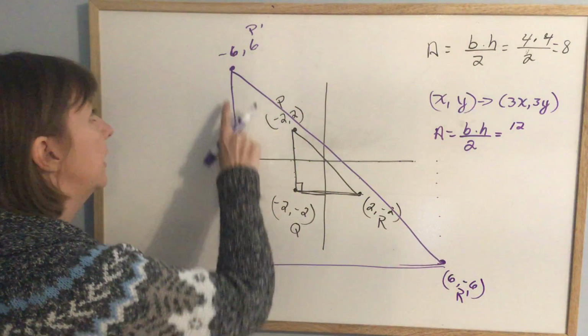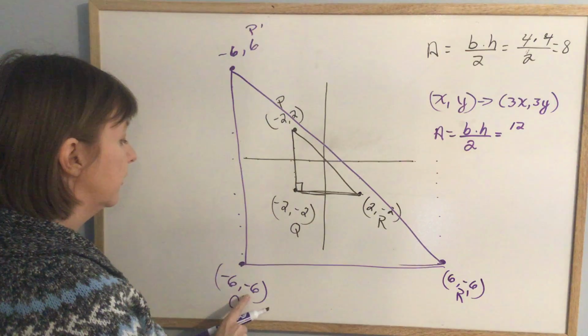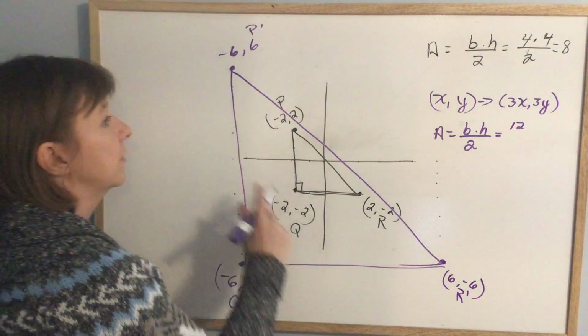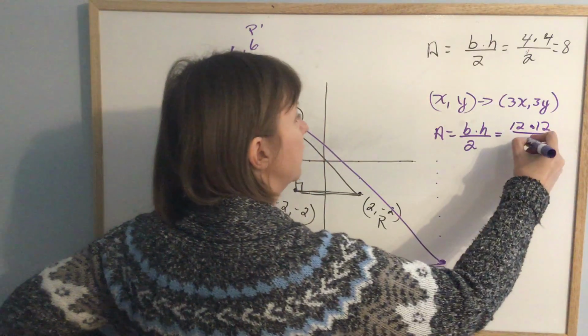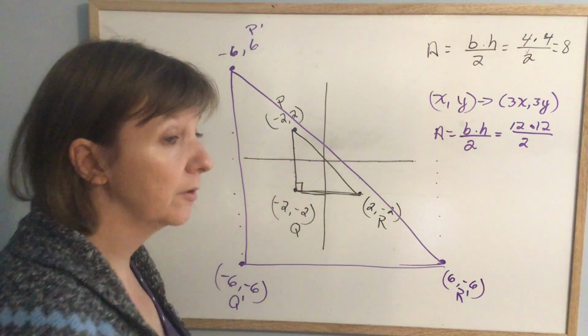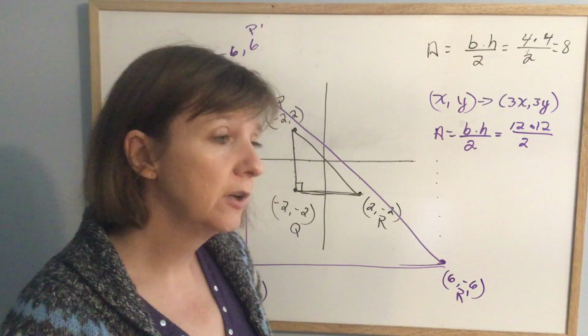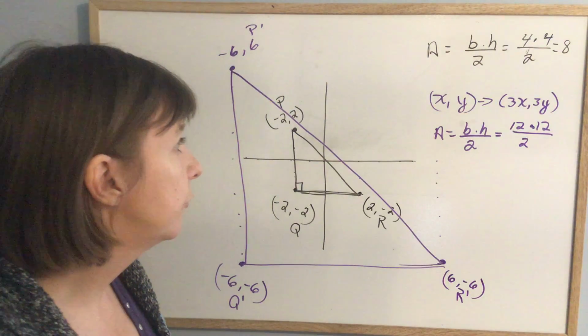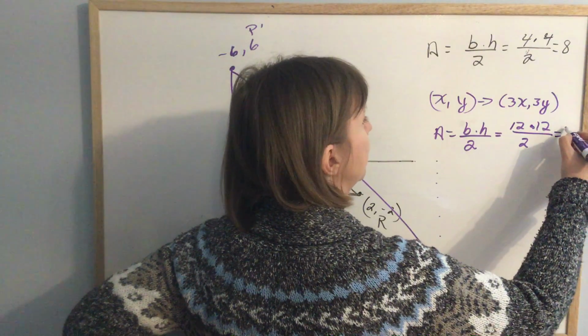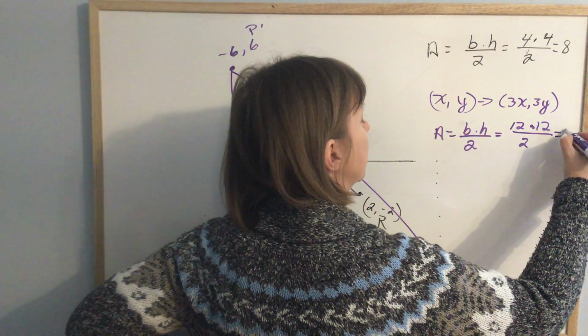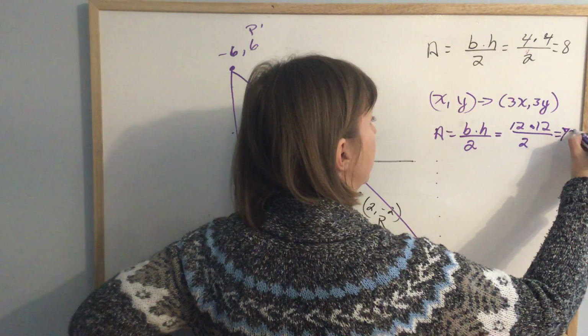And height-wise, that is also a distance of 12. I'm going from negative 6 to 6. That is 12 units divided by 2. So 12 times 12 is 144. And 144 divided by 2 is 72.